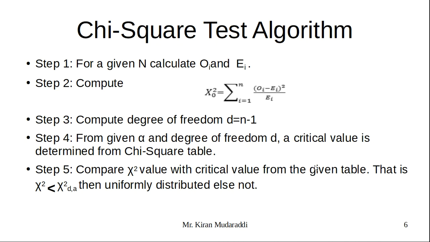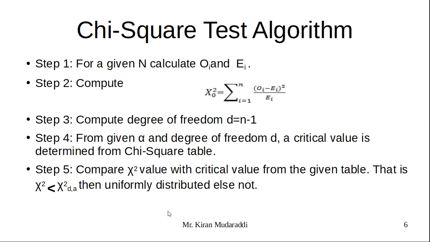If chi-square is less than the critical value chi-square D comma alpha, then they are uniformly distributed.